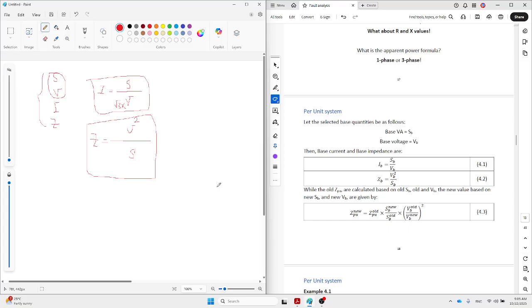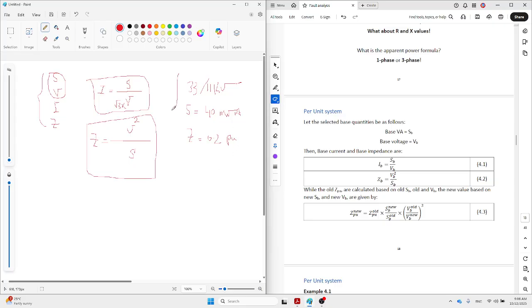Assume you went to the market and bought a transformer with a voltage rating of 33 to 11 kV. The power of the transformer is 40 megavolt amp. And the Z of the transformer is given to you in per unit or percentage as 0.2 per unit.